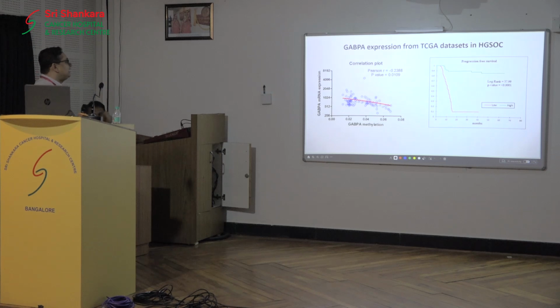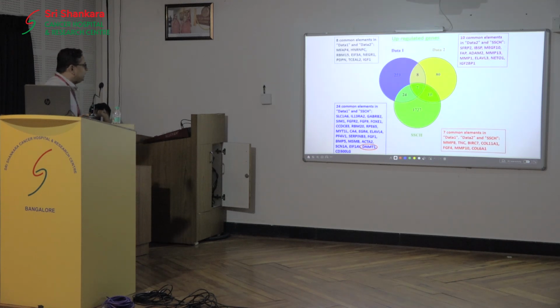From the TCGA data analysis, we found that GBP expression is downregulated through methylation, and in progression-free survival, if expression is high, then progression-free survival is better. And we went to our sequencing data again. We found that the methylation gene DNMT1 is upregulated in our early recurrence patients.